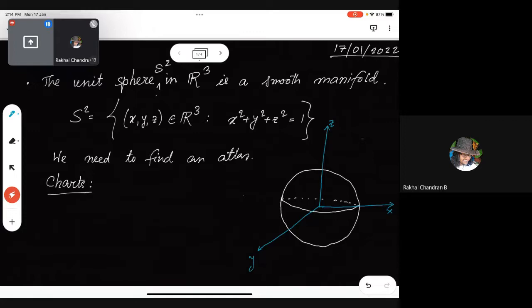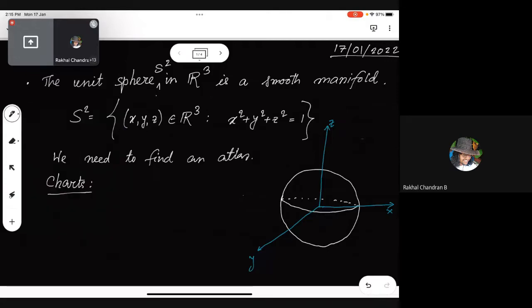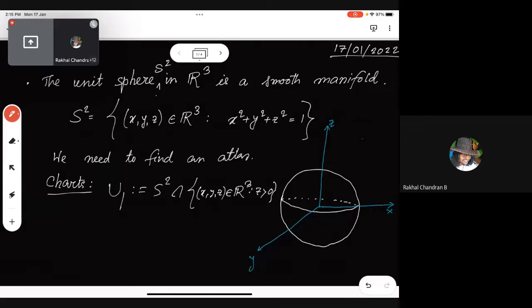Let me write it: U1 is S2 intersected with the set of (x, y, z) in R3 such that z is greater than 0. So what is this? This is the upper part of the sphere, this part, right?